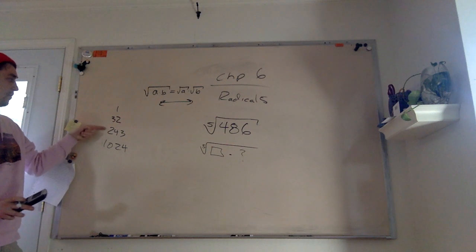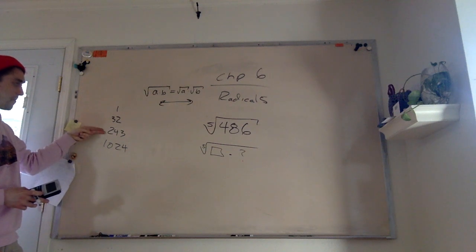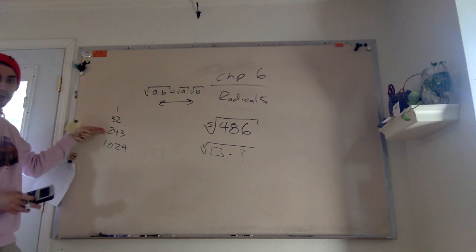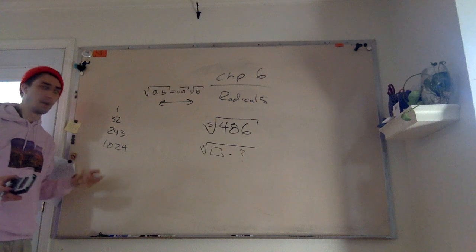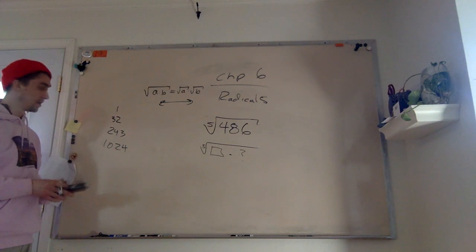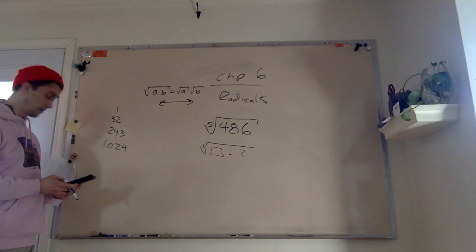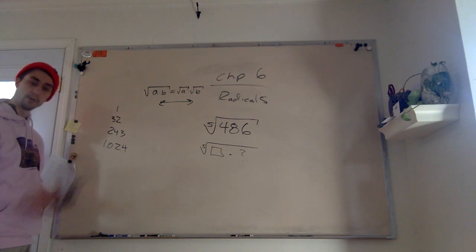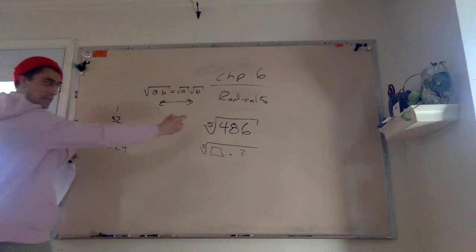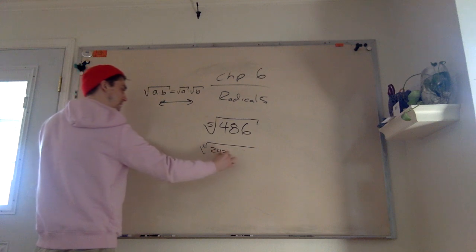And then you just want to figure out which one of these divides evenly into 486. I like to start from the bottom so that I can capture the largest number, because there could be more than one number on the list that divides evenly into it. But I want to find the biggest one. So 243, 486 divided by 243 is 2. So that divides evenly into that. 243 multiplied by 2.